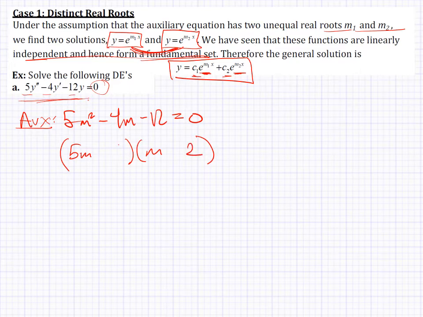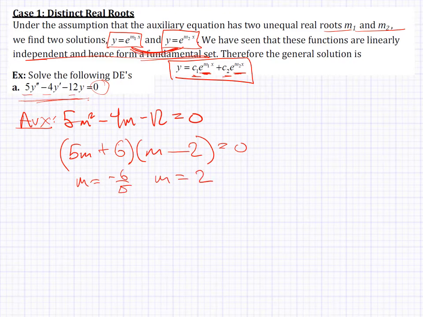That's not going to work. What am I doing? So we would put a 2 and a 6, so we would get a negative 4, so let's go negative, positive. There we go. So we would get m equals negative 6/5 and m equals 2.